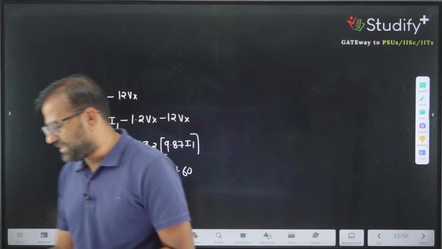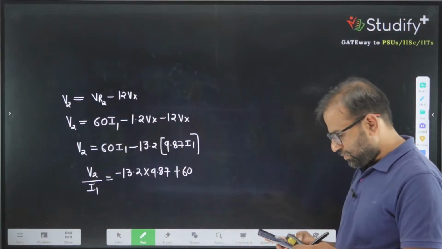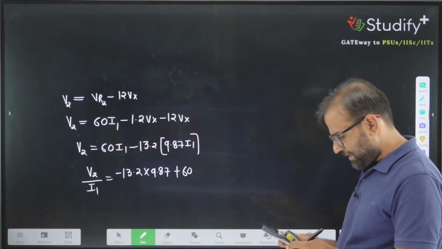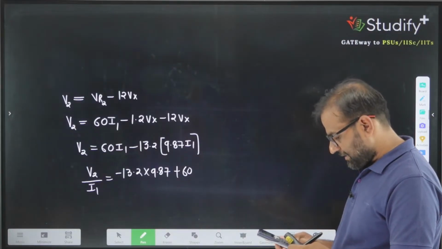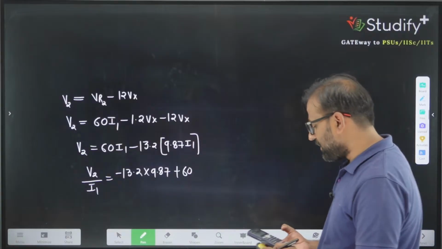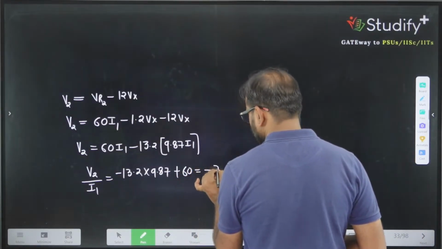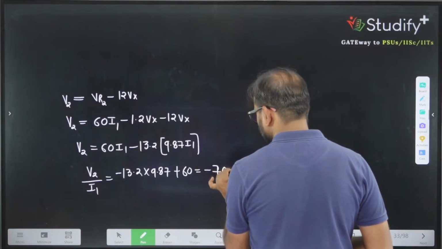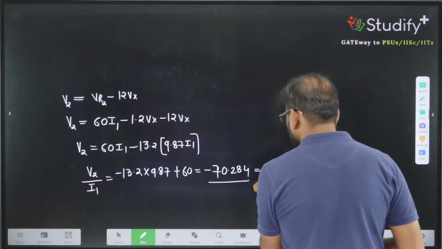When I calculate this, the value is minus 70.284. That ratio is the Z21 parameter.